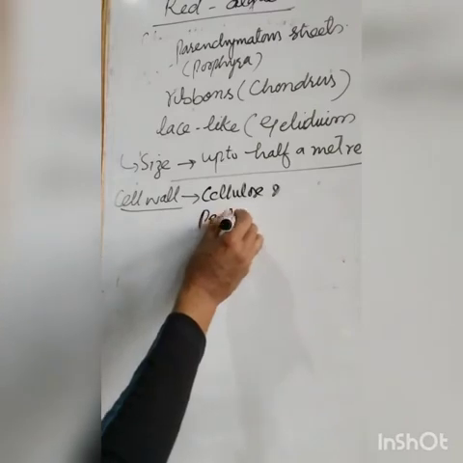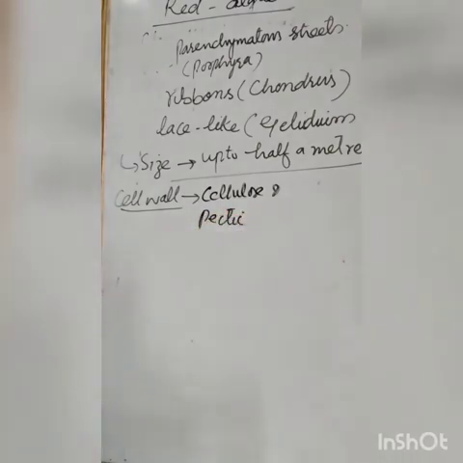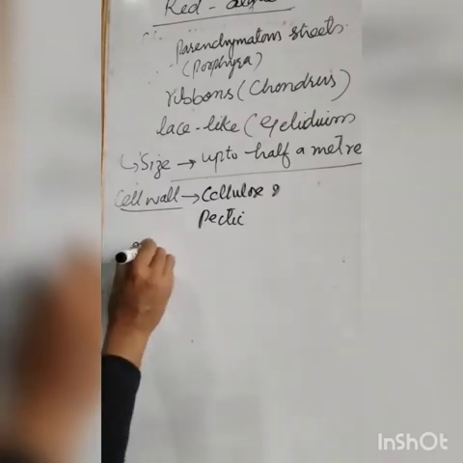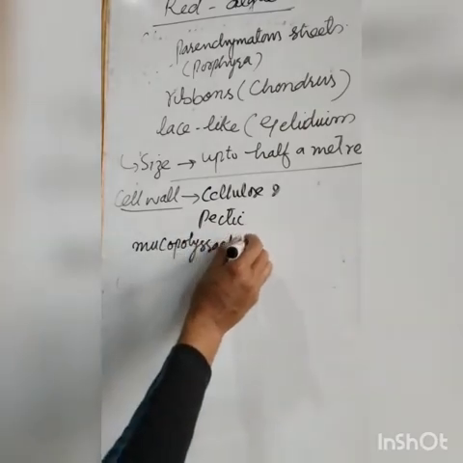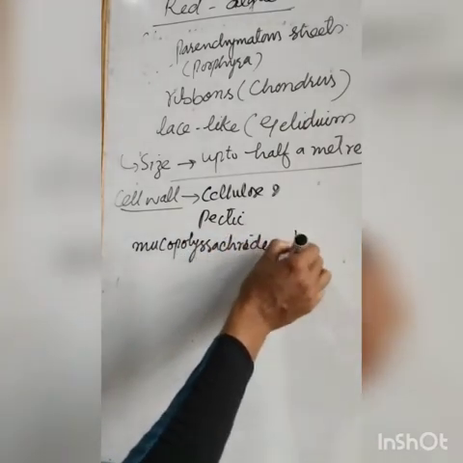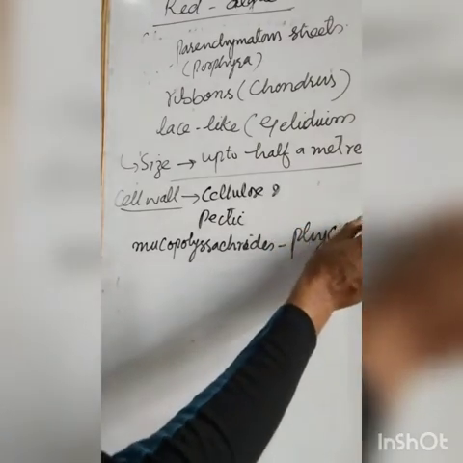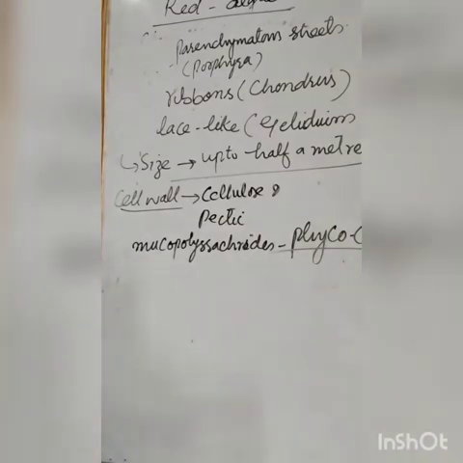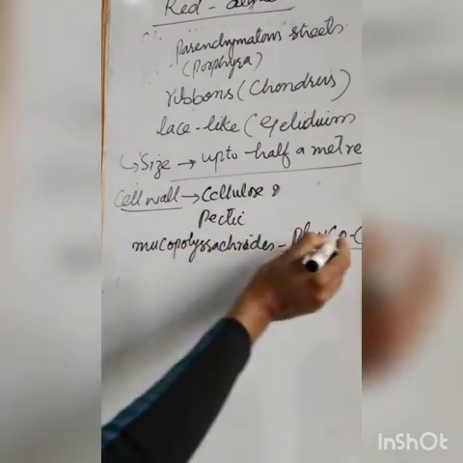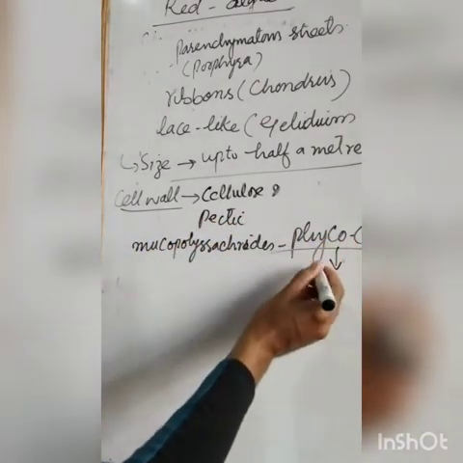and certain mucopolysaccharides, which are called phycocolloids, which we discussed last time. Some mucopolysaccharides are associated with the cell wall. These phycocolloids are sulfated.